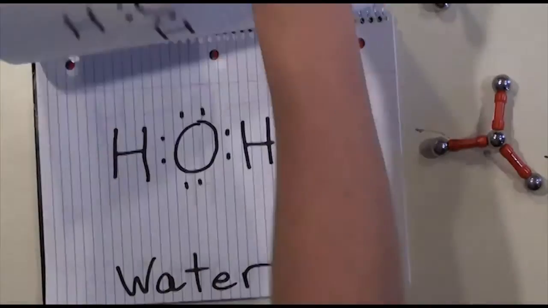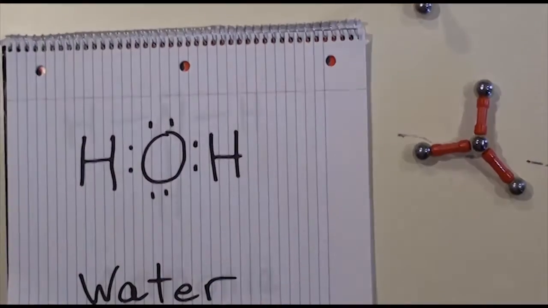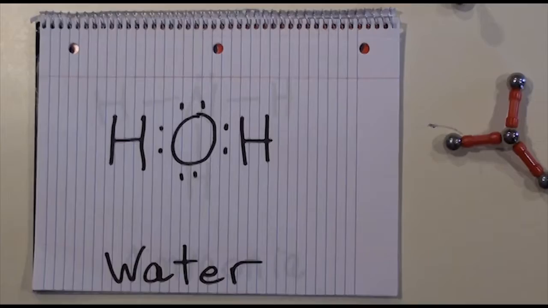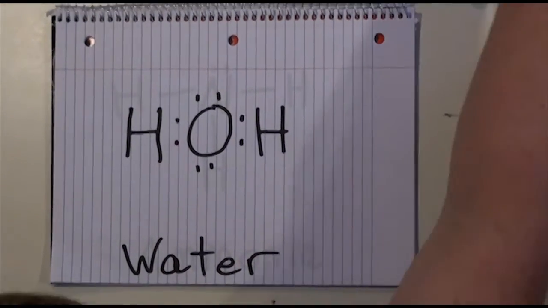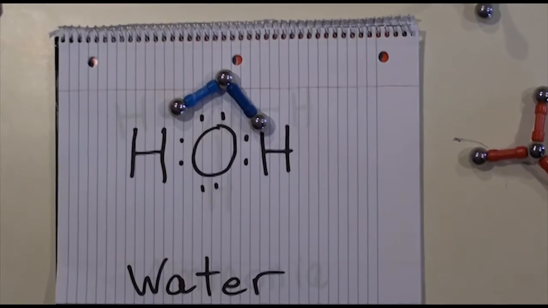On to the next one. The next one is H2O, or as we all commonly know it, water. Water is a bent shape because of the oxygen in the middle and the two hydrogens.